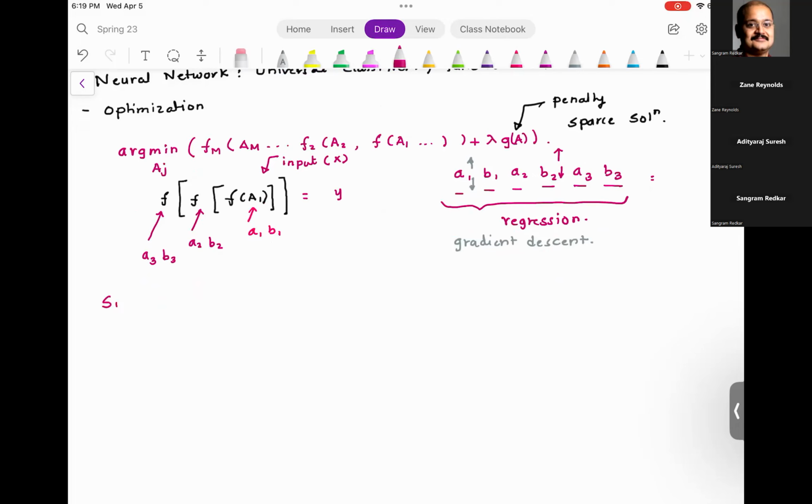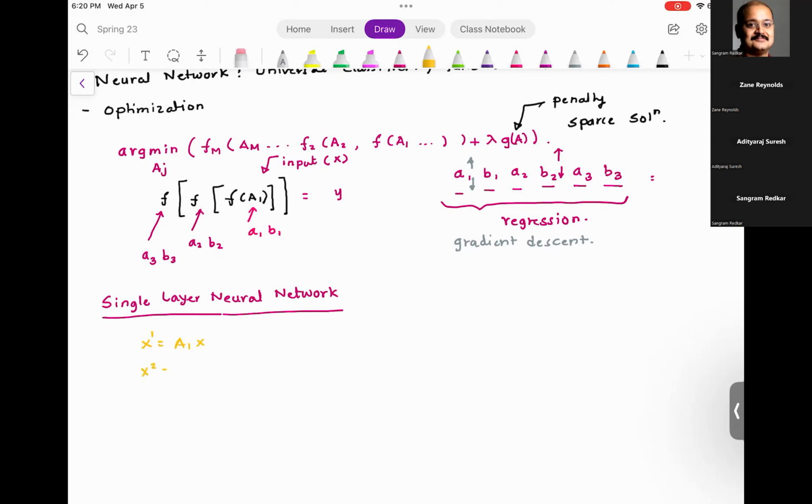So what is this single layer neural network? A single layer neural network is something like this: X1 is equal to A1X.